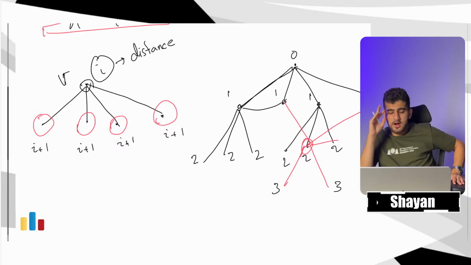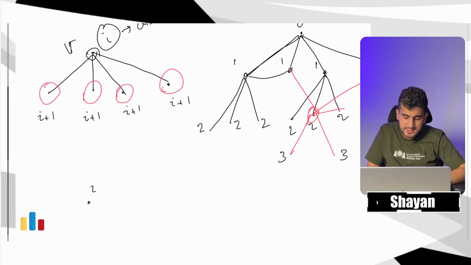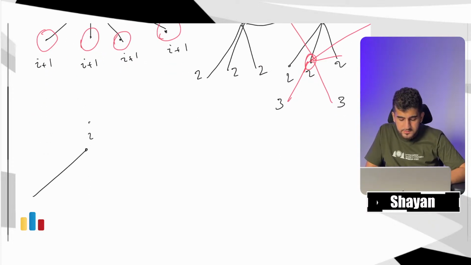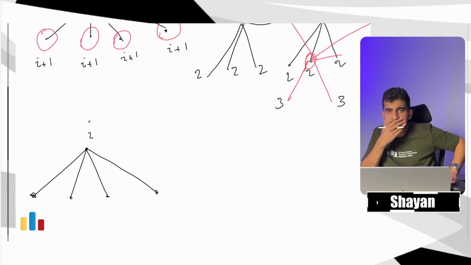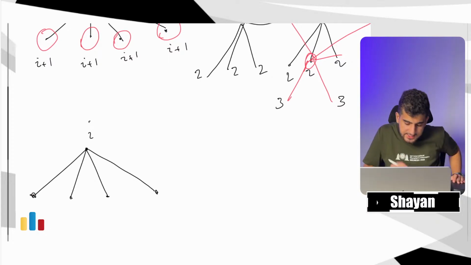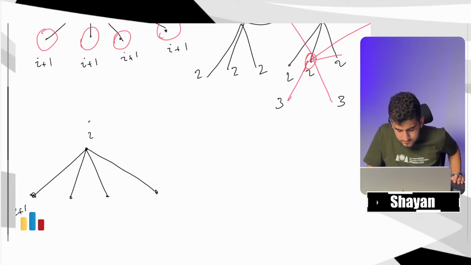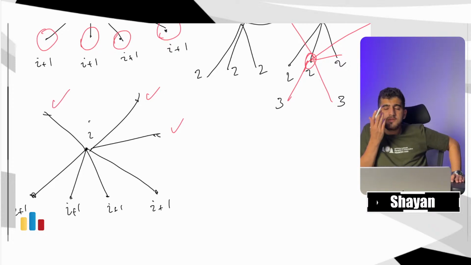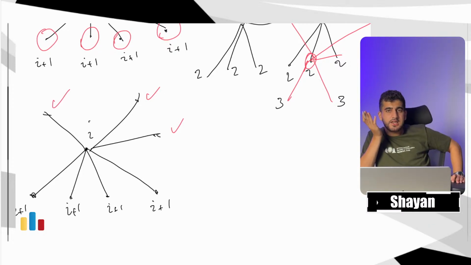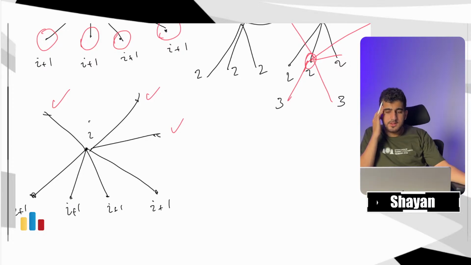So each time I'm on a vertex whose distance is I, what I need to do is visit all its neighbors whose distance is not fixed and set their distance to be I plus 1. And if they have some neighbors whose distance is already calculated, then I do nothing with them. They are already calculated, so I do not need to make any change. But if their distance is not set yet, then I set their distance to be I plus 1.